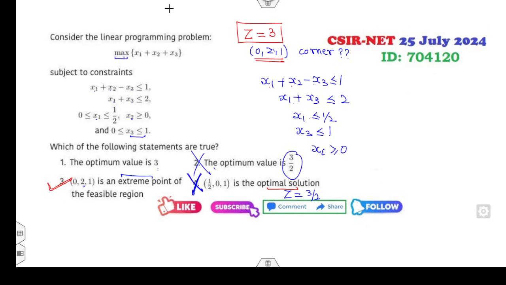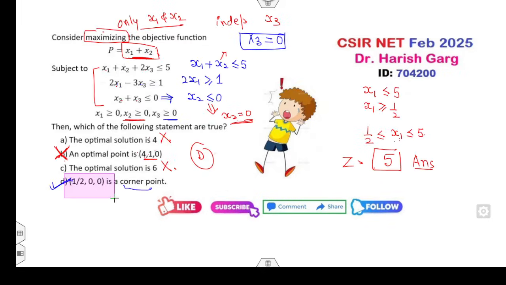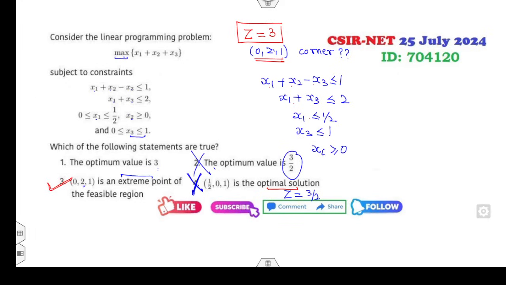As in the previous example, we saw that (half, 0, 0) is a corner point, while (4, 1, 0) is not a corner point, but it did not give the answer 6. Now our target is to maximize. You can see x1 and x3 have maximum values half and 1. So I can write z is less than or equal to x1 plus x2 plus 1, that means 3/2 plus x2.